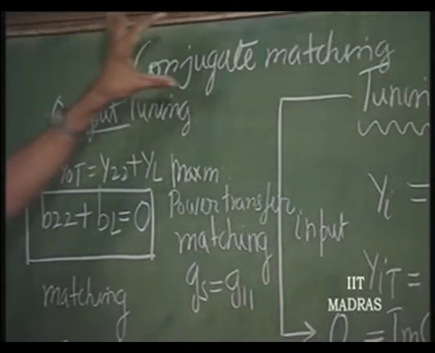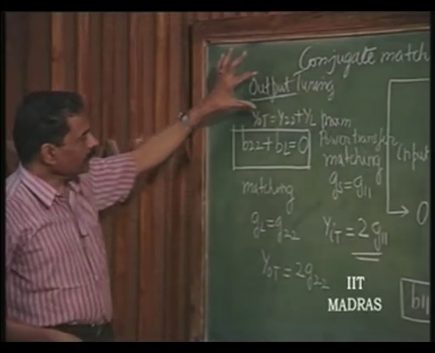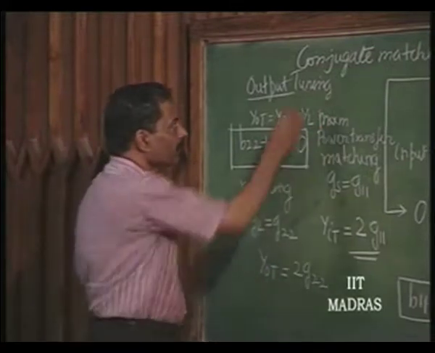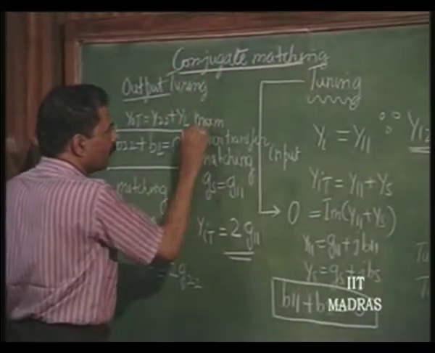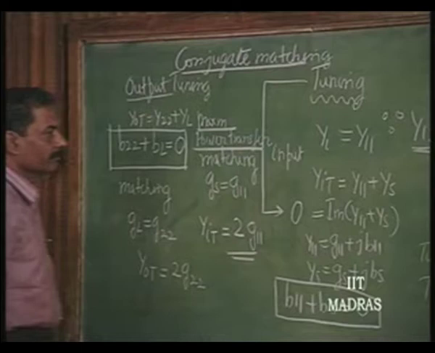That is why it is called conjugate matching for maximum power transfer. Conjugate matching is done for maximum power transfer.